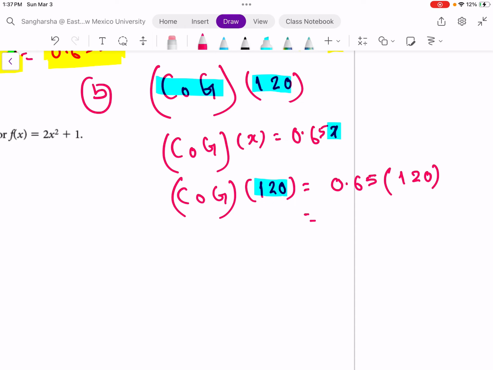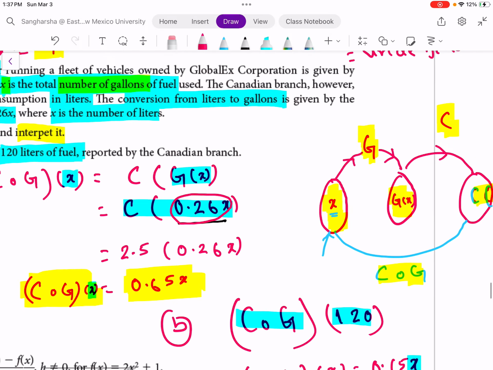Now let's see what we get here. 0.65 times 120 and we get 78. So the cost is 78. Now let's go back. What is the cost?